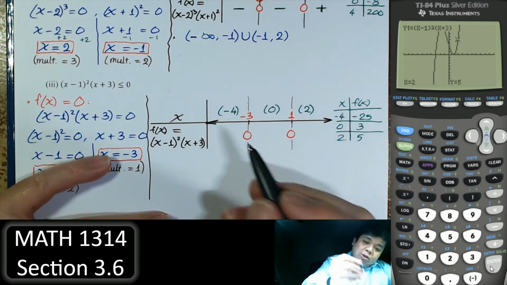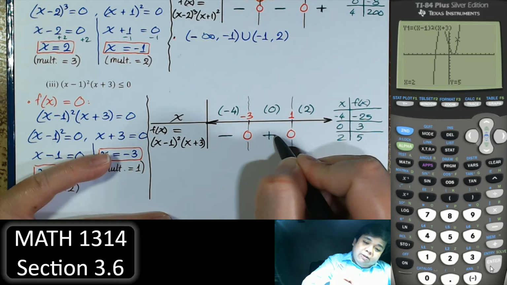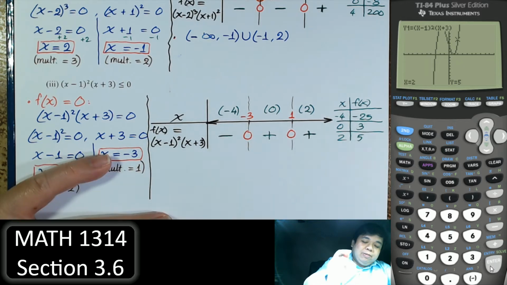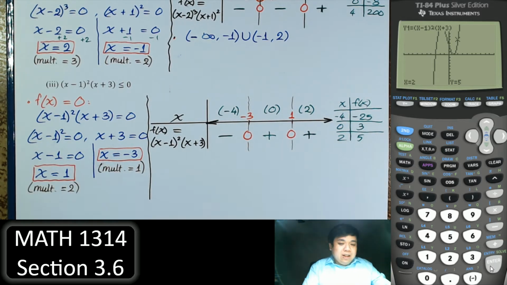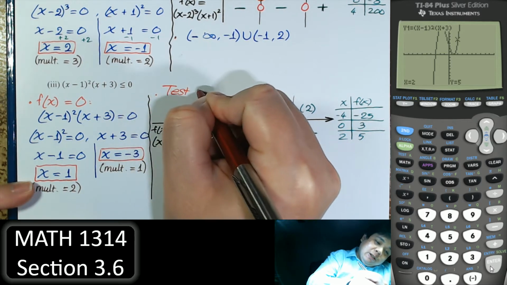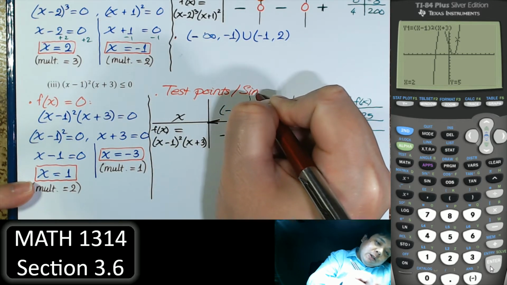Right, so -4 is negative, 0 is positive, and 2 also positive. So exactly like we did earlier. By the way, this is the test point or sign chart.